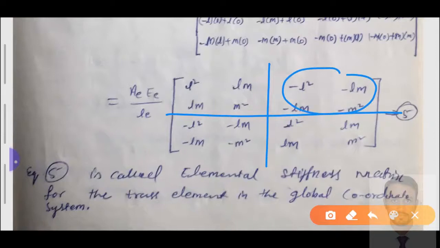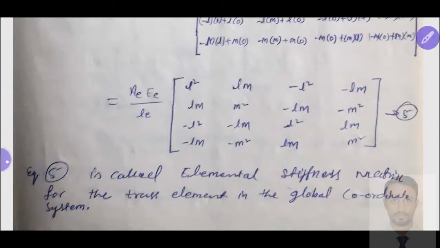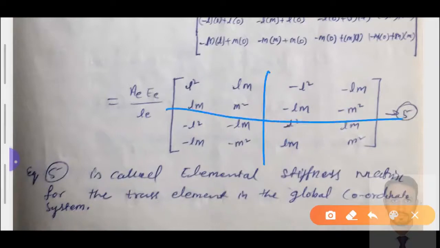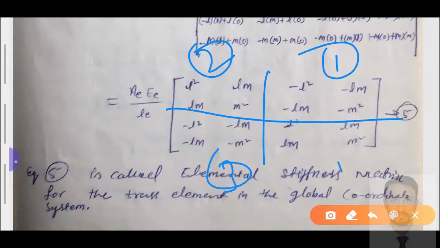First, write down each part without sign convention like this, all four. Then come back to the first quadrant, second quadrant, third quadrant, and fourth quadrant, and write it down as per the condition. First quadrant values are negative: minus L square, minus Lm, minus Lm, minus m square.